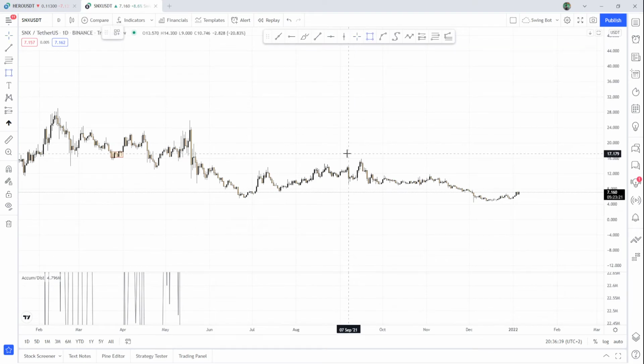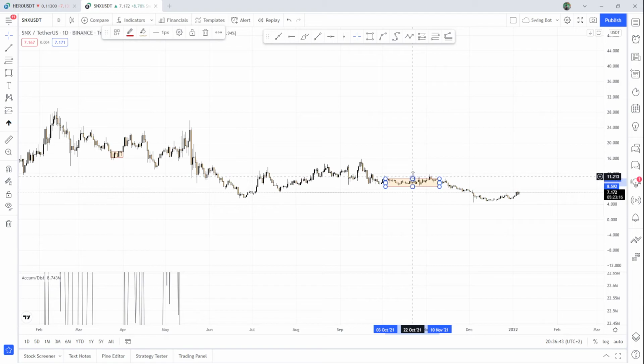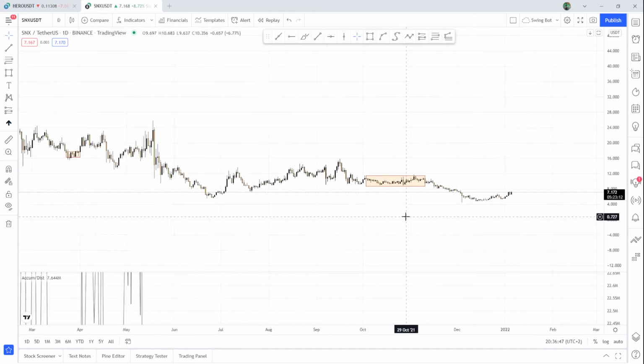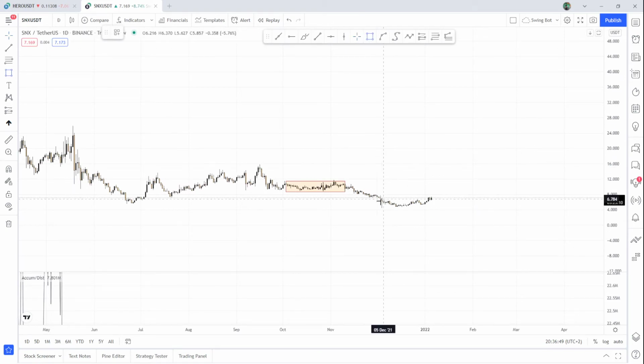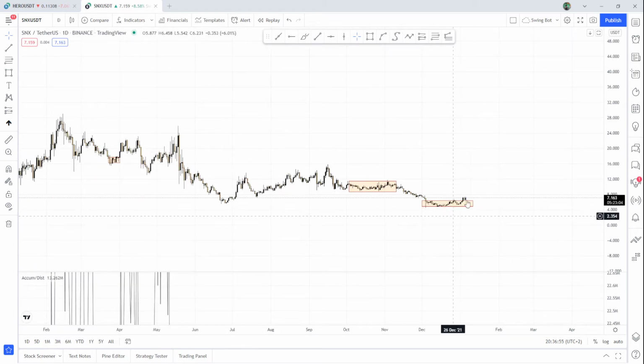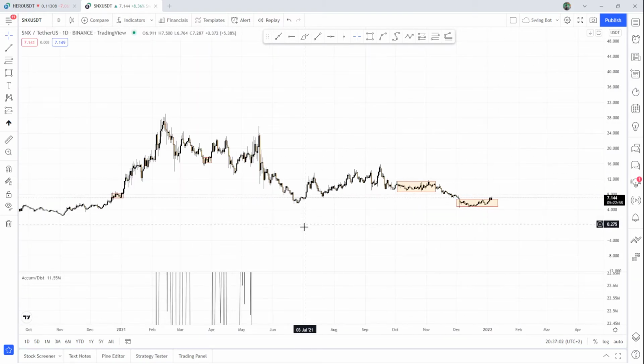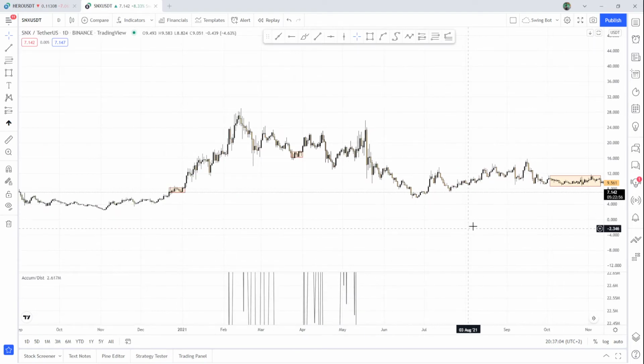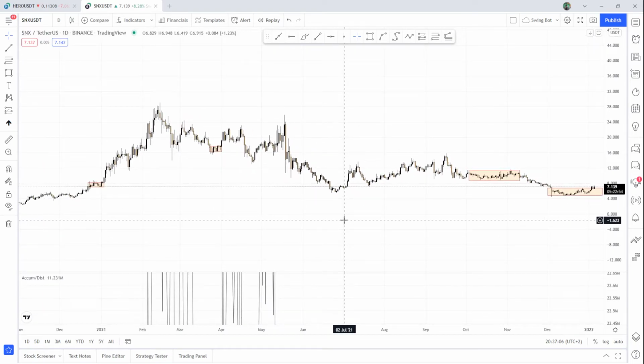Here we have another one, and we have a distribution down. Okay, but also we have here another one. Okay, and from here it looks like it's breaking up. So this is accumulation phase.